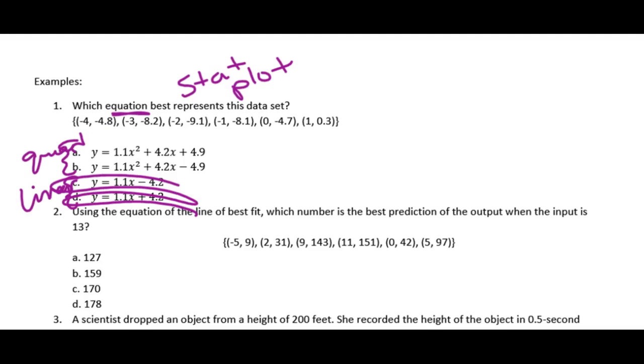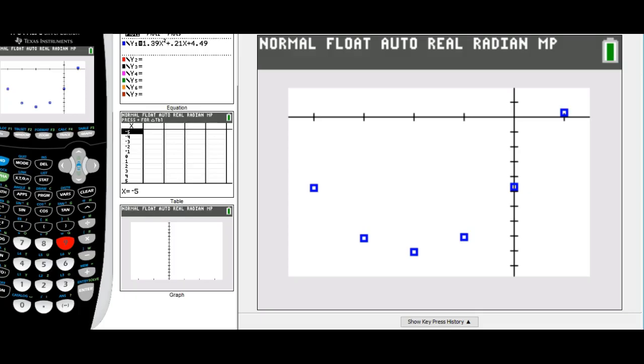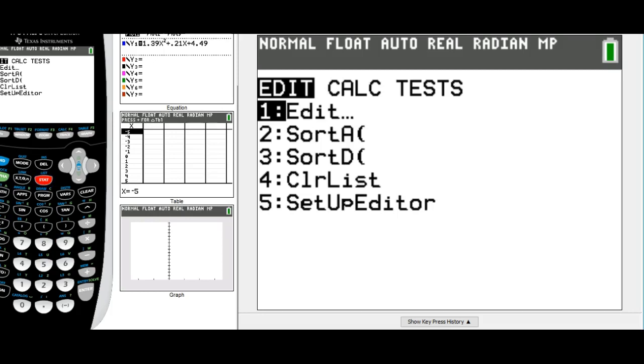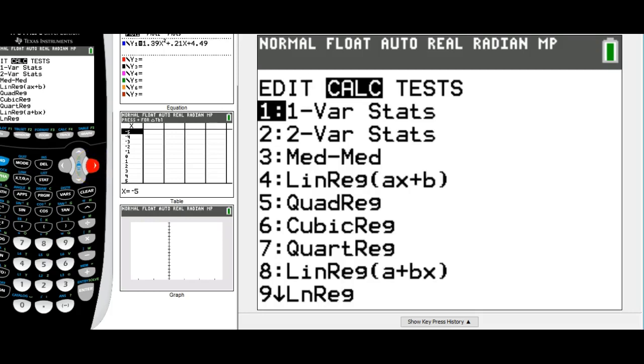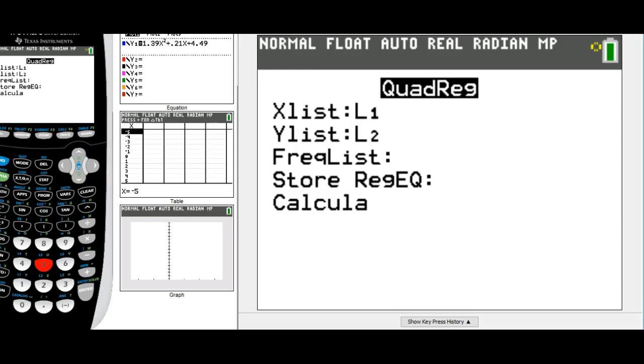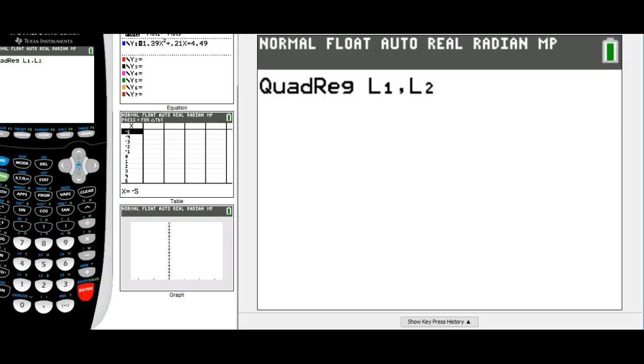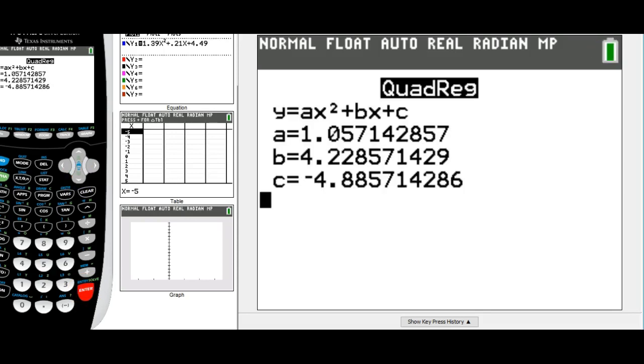So now I go back to my calculator, look for the directions for finding that. I'm going to go to stat, over to calculate, pick number 5 because that's quadratic regression. Don't change anything here, just go down to calculate and calculate. And there we go.